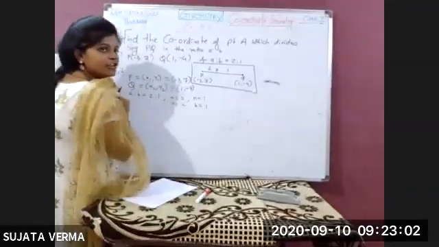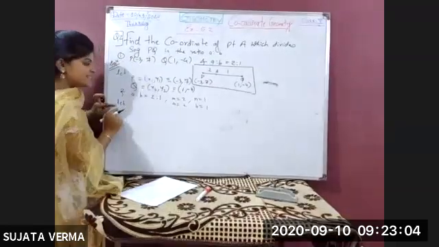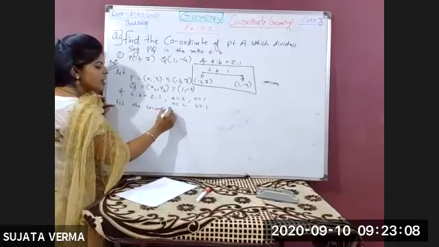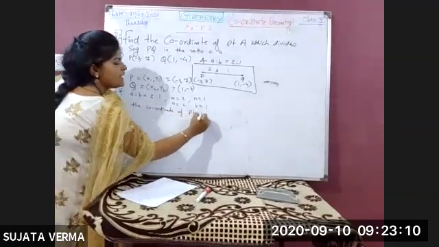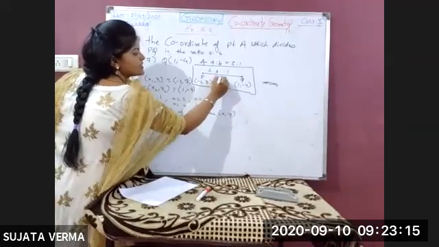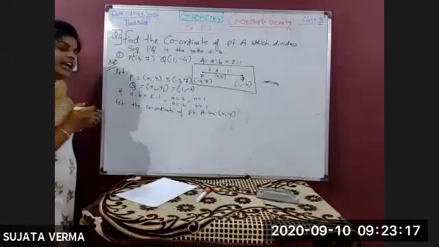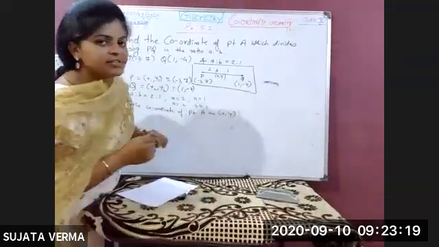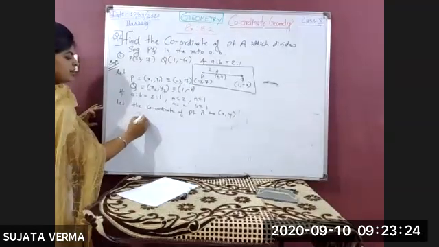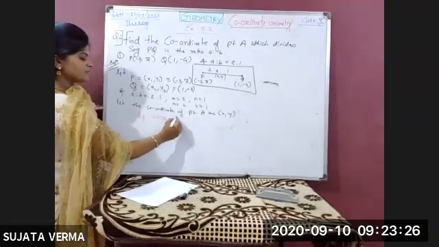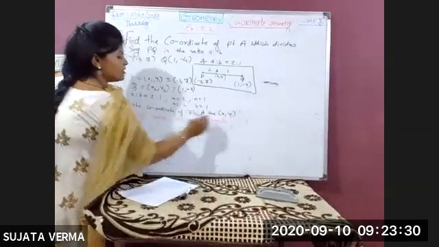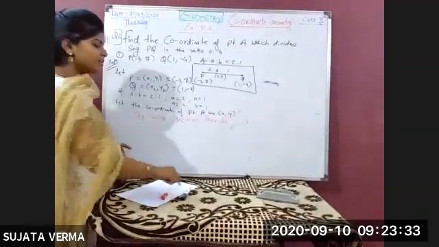Now, we have to find the coordinates of A. So first we consider, let the coordinates of point A be x, y. Again, in this question which formula are we using? Section formula. So write, by using the section formula. First write down the formula.